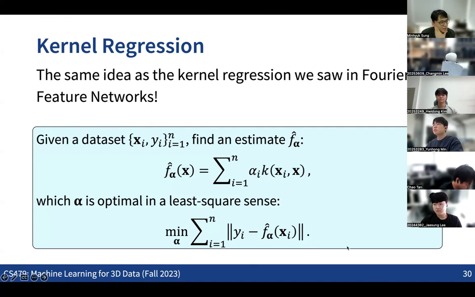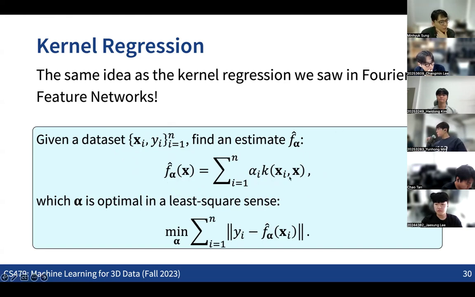The basic idea is that given any data set, which has some input points and output values, we are finding a function approximating all of this training data with a kernel regression form. In terms of that, we have some predefined kernel function here. And for each data point in our training data set, we have some parameter that we want to optimize, some variable, right? This was the basic idea of the kernel regression that we have seen in the discussion of Fourier feature networks.